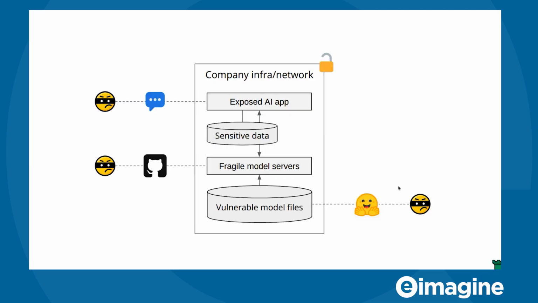One of those is at the bottom of the stack, which is the actual model files that you will be running. The second area would be where those model files are running. They're going to run on servers somewhere, either in your infrastructure or in OpenAI's infrastructure. And the third would be the actual AI application that you're running on top of those model servers, which would contain the sensitive data that you're processing, your PII or your company data or your IP or whatever that is.